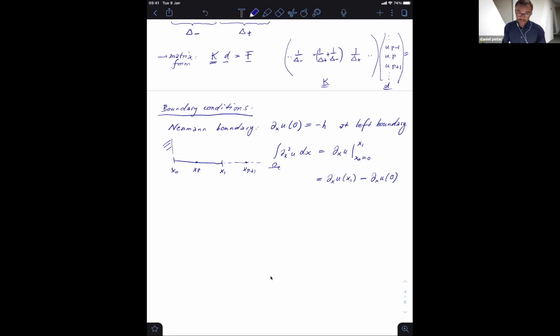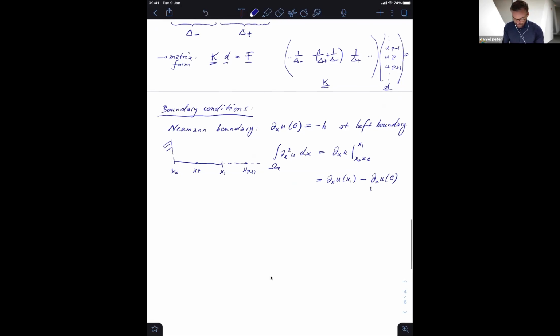Now you see we can just use the Neumann boundary condition here for that derivative. We can just directly use this minus h for that. But the derivative at x1, we still use this central differencing approach.